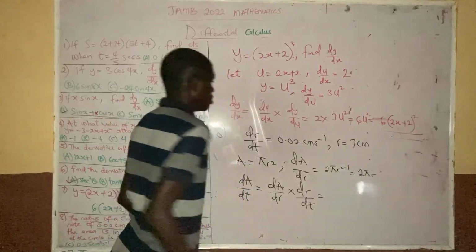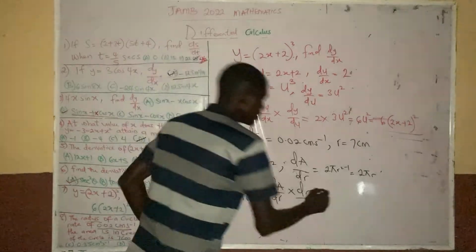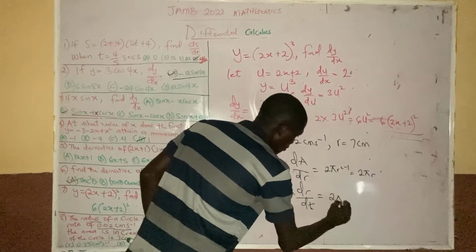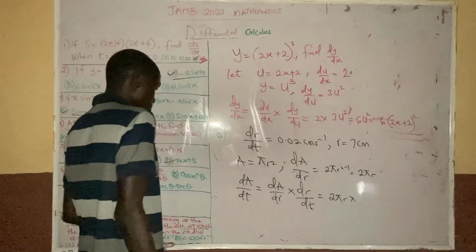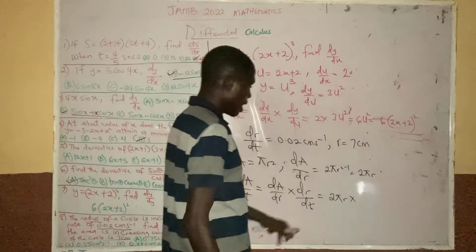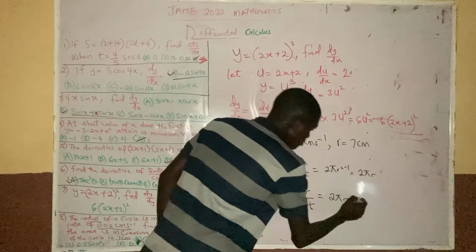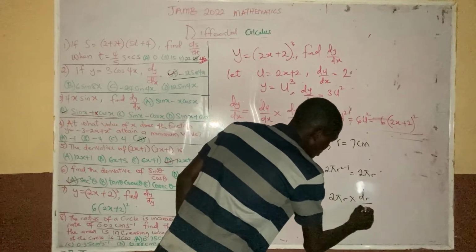What is your dA/dr? It is 2 pi r, multiplied by dr/dt.